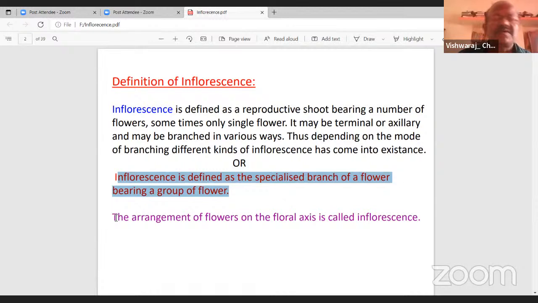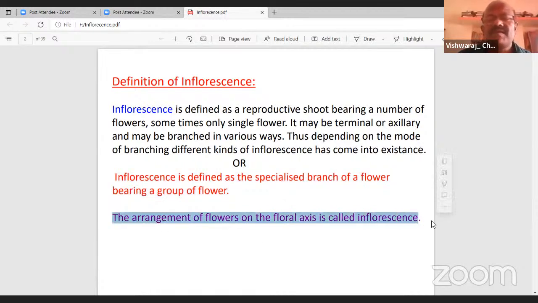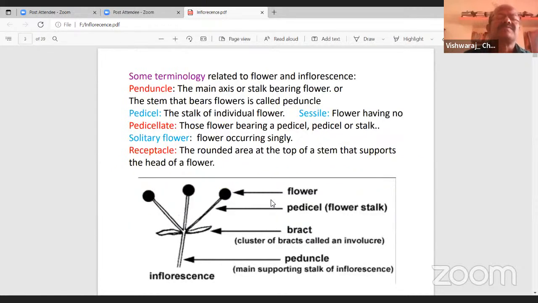And another definition: the arrangement of flowers on the floral axis is called inflorescence. These are three definitions of inflorescence. Inflorescence is defined as a specialized branch bearing a group of flowers.